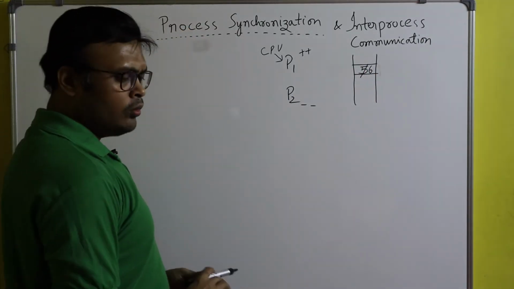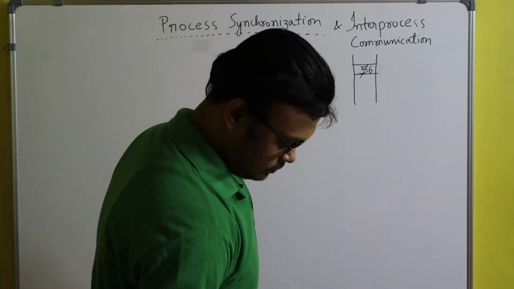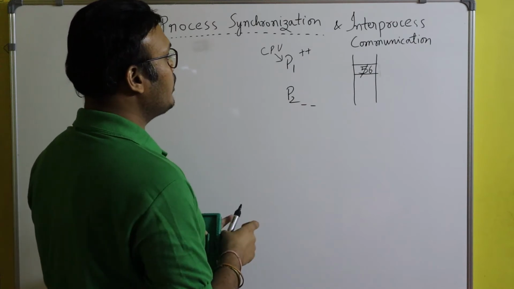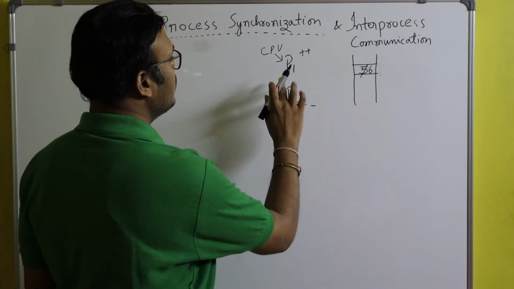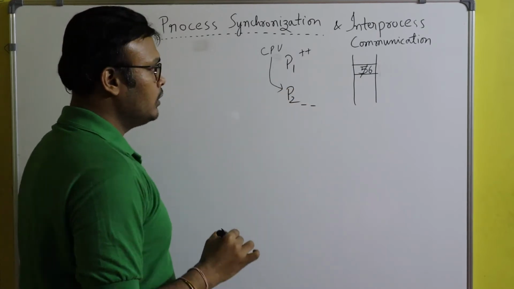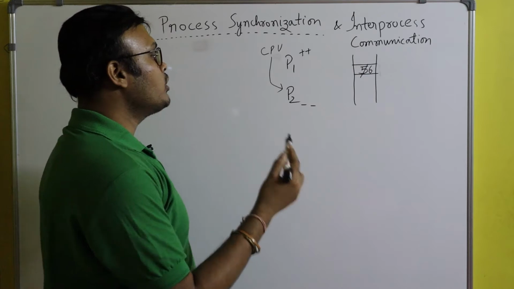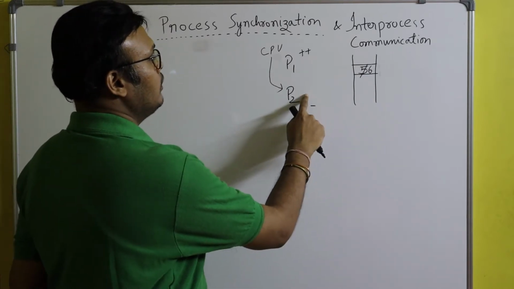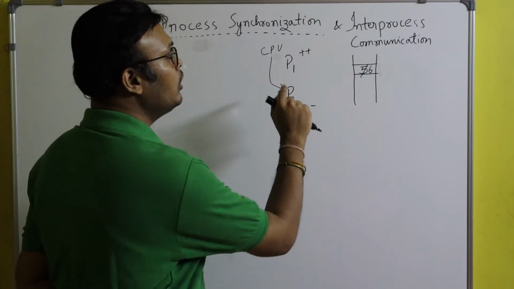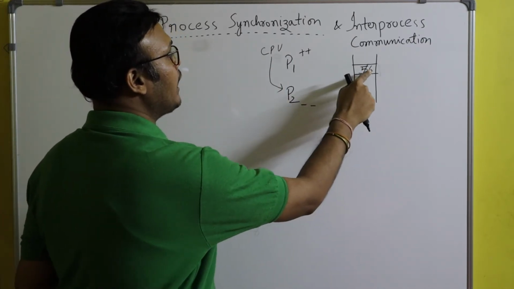Now the CPU is switched to process P2. After process P1 finished its task, the CPU is switched to process P2. The task of process P2 is decrement. So process P2 will first read the value, and it will find it as 6.